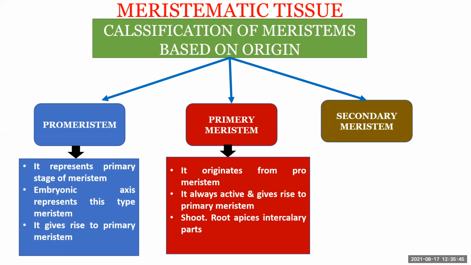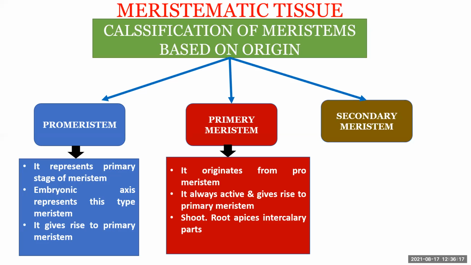The occurrence of primary meristem is found in the shoot apex, root apex, and intercalary parts of the plant. The growing tips of the plant, shoot apex and root apex, consist of primary meristem. They continuously grow.